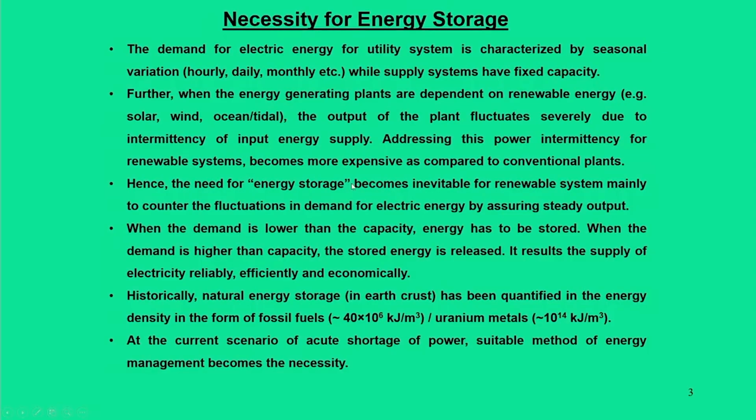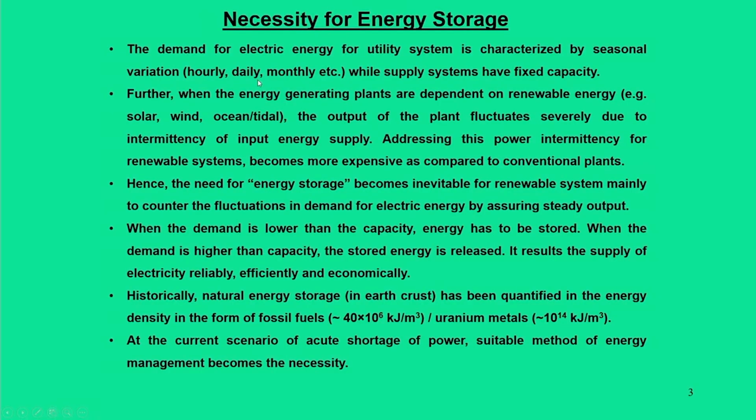But if you look at the energy demand in terms of electric energy in a utility system, it varies hourly, daily, monthly, yearly, and so on. At the same time, the energy available for generation of electricity is also intermittent. So it is very difficult to map when your demand is high or low, or when your supply is high or low.